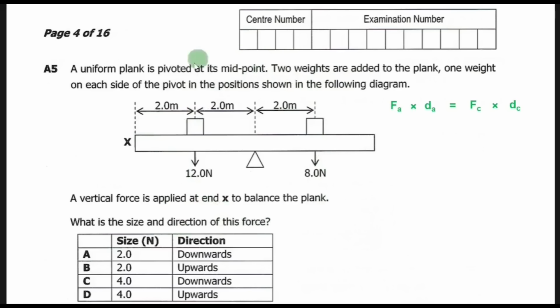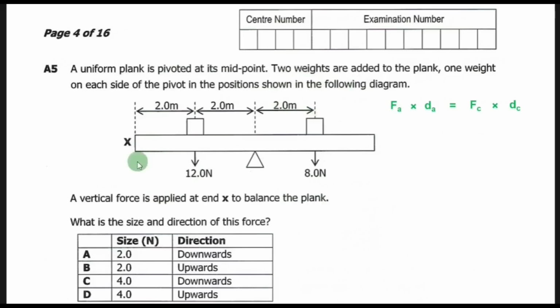This force here can cause an anticlockwise moment, and this force can cause a clockwise moment. So according to the principle of moments, the sum of the anticlockwise moments here must be equal to the sum of the clockwise moments on this side.